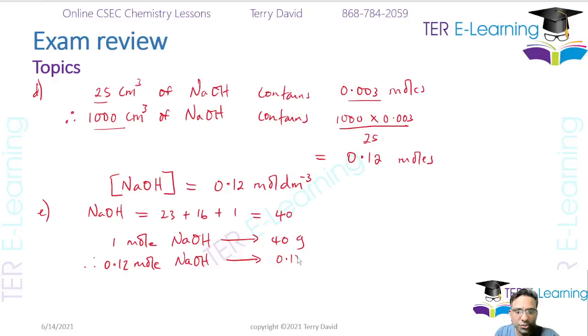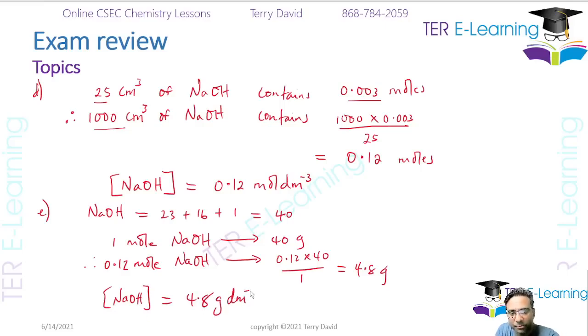So this is 0.12 multiplied by 40 divided by 1, and that's going to give me 4.8 grams. So therefore, the concentration of the NaOH in gram per dm³ is going to be 4.8 gram per dm³.